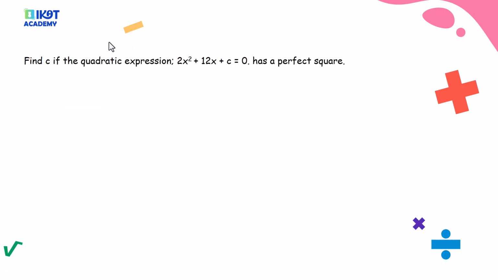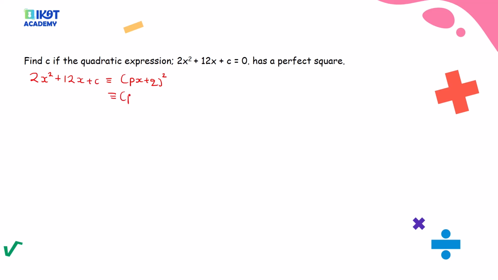Alright, so this is another example for us to try out. The question wants us to find c if this quadratic has a perfect square. So the first thing we'll always do, we'll let this be equivalent to an expression like px plus q squared.